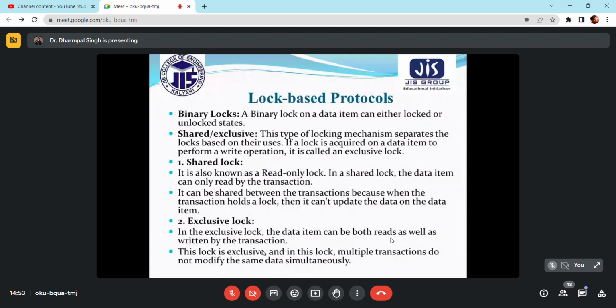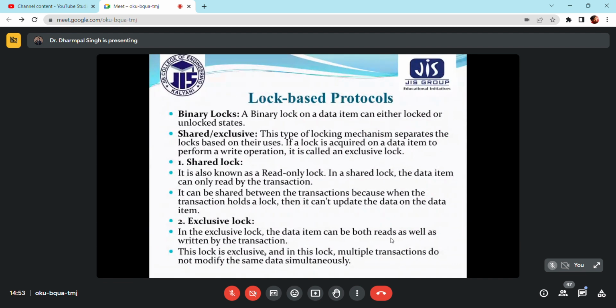The exclusive lock means the data item can be both read as well as written by the transaction. In shared lock, I can only read the data item, but in exclusive lock I can read or write. If I perform the shared lock, other transactions can also go for the shared lock because reading the value does not create any problem.